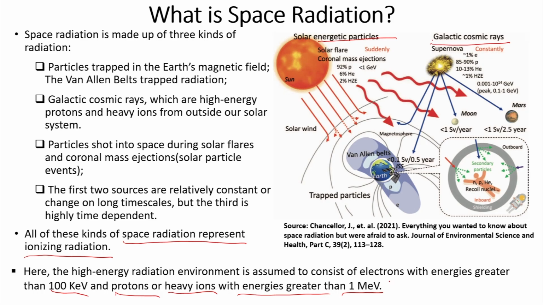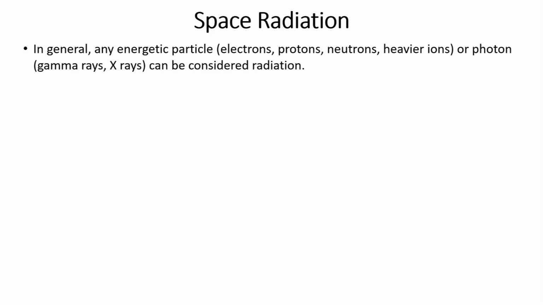This is also something to be remembered: for protons or heavy ions, their energy should be greater than 1 mega electron volt, and for electrons it should be 100 kilo electron volts, then they come under radiation. So, in general any energetic particle, whether it is electrons, protons, neutrons or heavier ions, where the velocity is very high, comparable to the velocity of light or a fraction of the velocity of light.